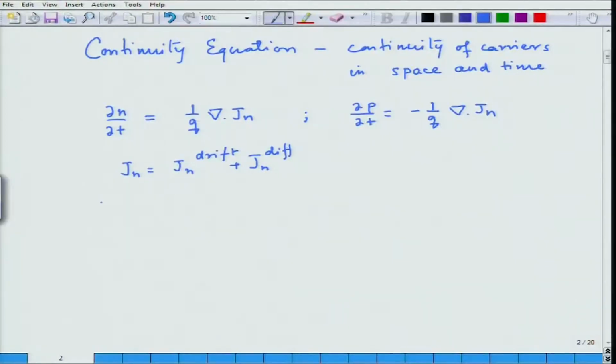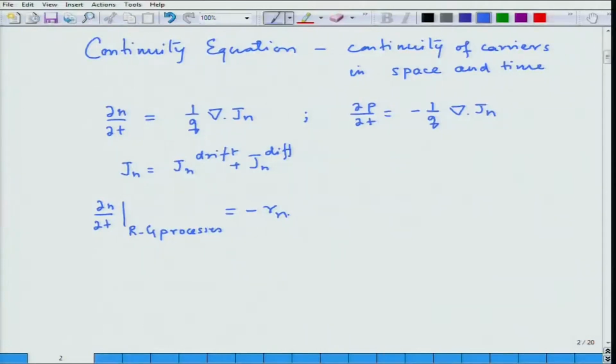Similarly, the second term, which is the change in the concentration due to RG processes, we make a short form of it and write it as negative of R n, as this is basically recombination of carriers or loss of carriers.